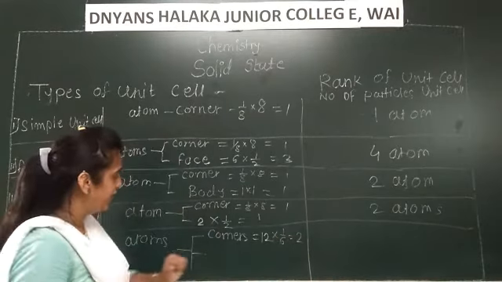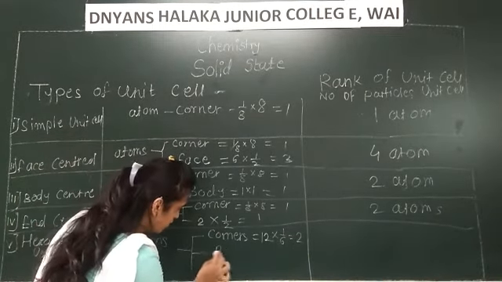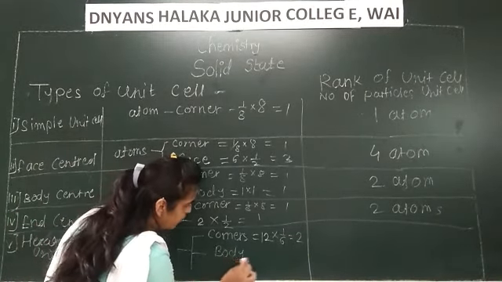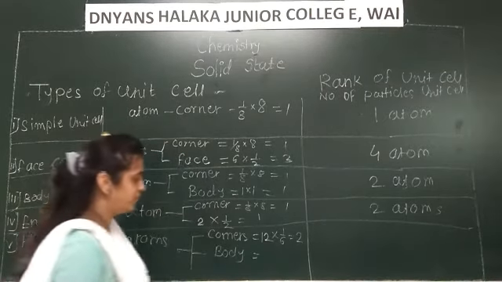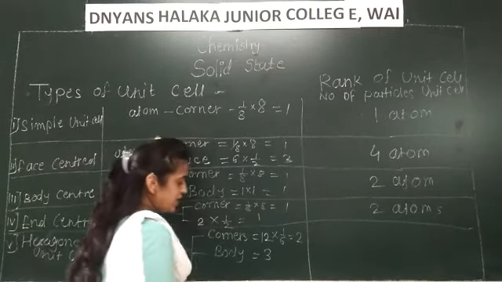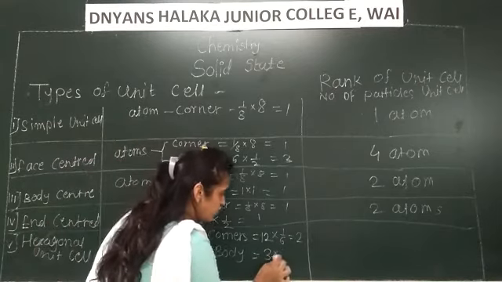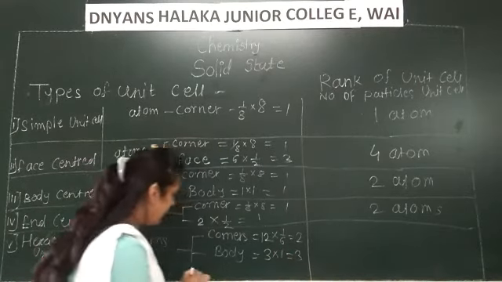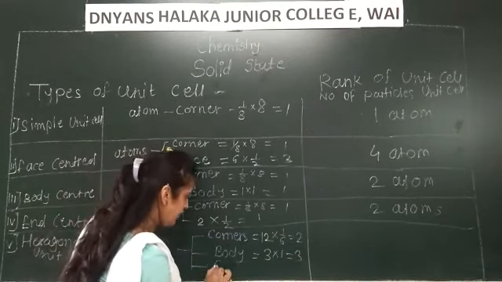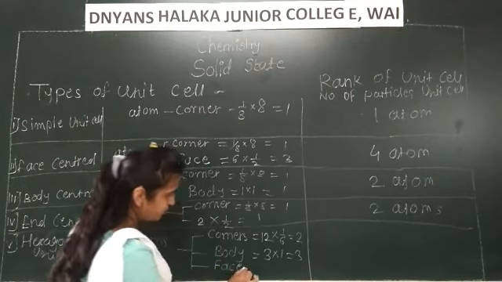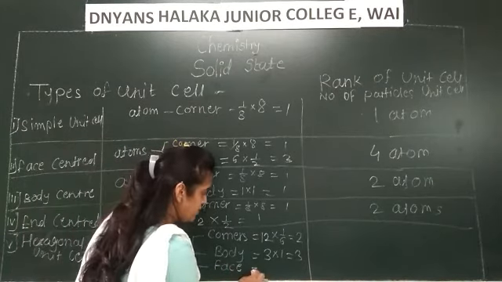So total 2 atoms. Inside the body, 3 spheres are situated inside the body. So 3 into 1 is equal to 3, and last in face. So face 2.